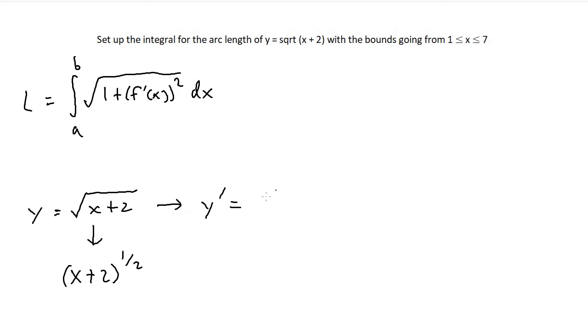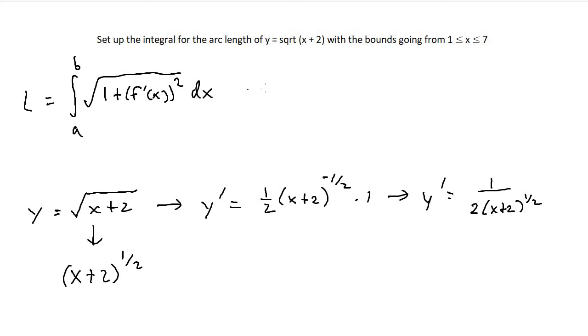So y prime would equal 1/2 times x plus 2 to the negative 1/2, times the derivative of the inside function, but the derivative of x plus 2 is just 1. So y prime will equal, I can simplify this by moving the exponent down, 1 over 2 times x plus 2 to the 1/2, or the square root of x plus 2.